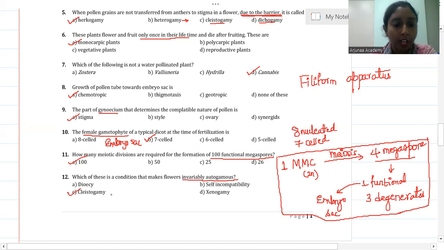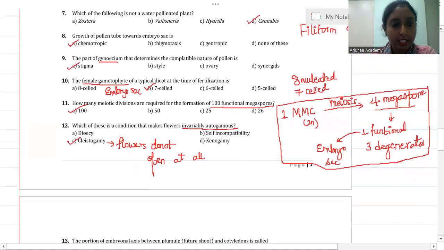In cleistogamy, the flowers remain closed. That means flowers do not open at all. When the flowers do not open at all, there is no other way for pollen grains from other flowers to enter. So there has to be self-pollination. Answer is cleistogamy.